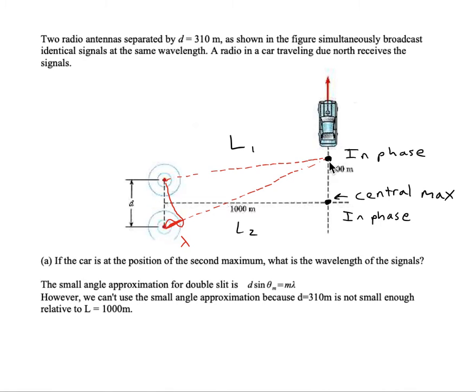The next point where that happens is called the first maximum. And they will be again in phase and we'll get a clear, loud signal. If we go up farther, it'll actually happen again and we'll have a second maximum.